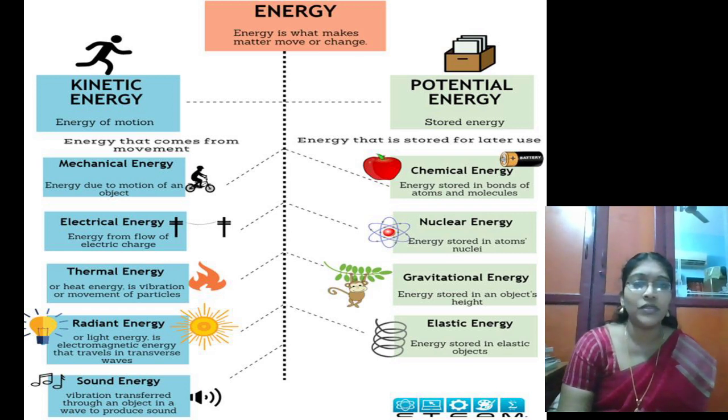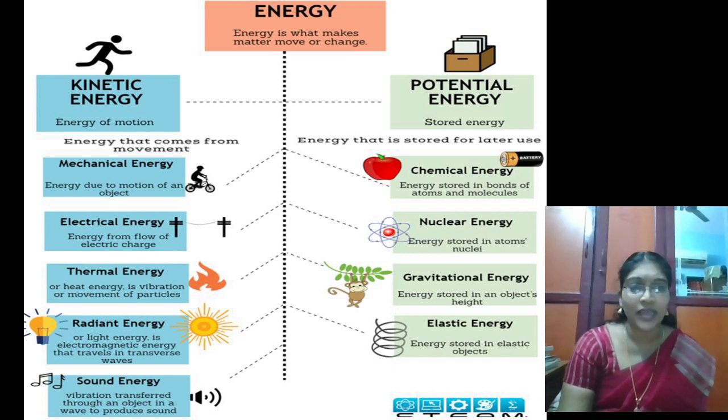Normally, the total energy of any system is the sum of the kinetic energy and its potential energy. Kinetic energy is the energy that comes from movement, and the potential energy is the energy that is stored for later use.